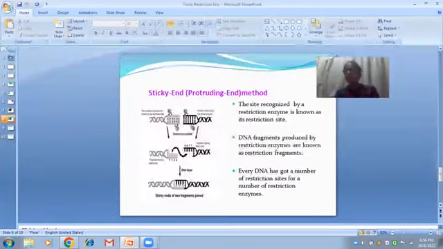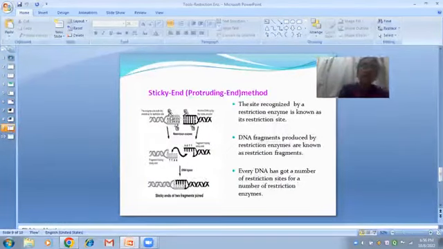I will show the diagram like this. So here in the sticky end type of method, see here. The restriction enzyme acts on this side and here, and in the second strand here and here. After cleavage, we get two fragments like this.